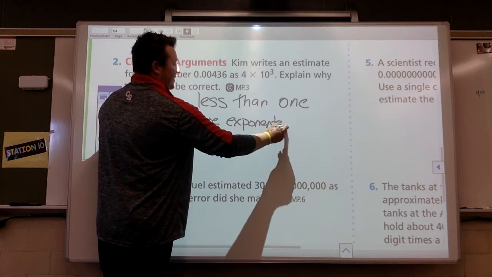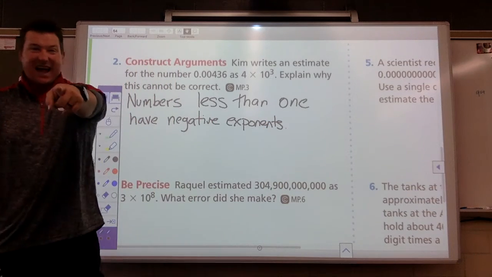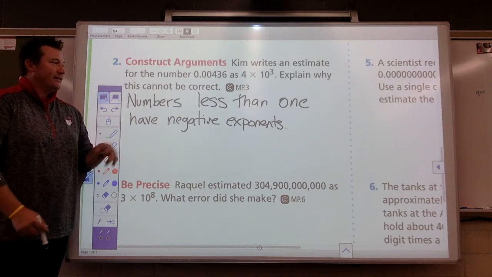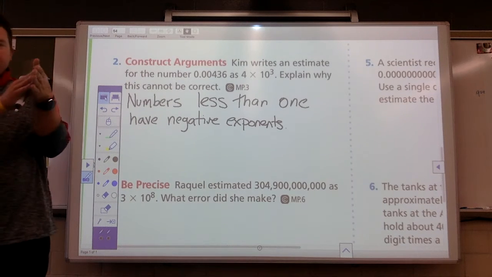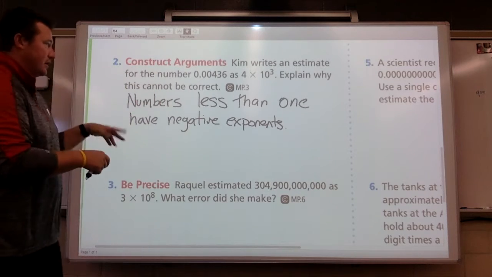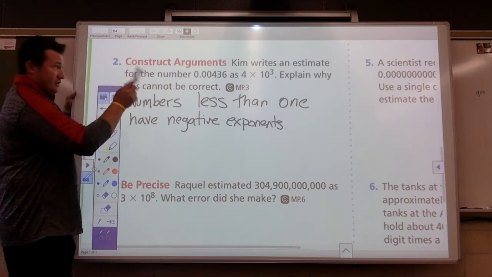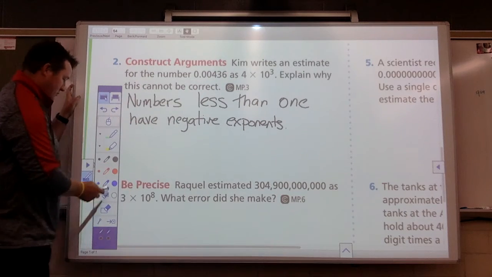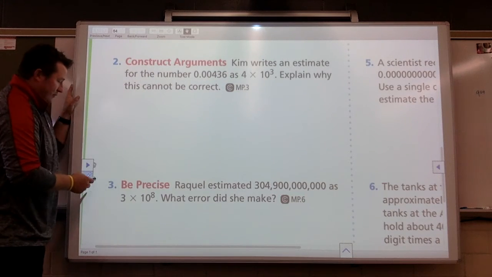You thought you were done with negative exponents. Ha ha! Tricked you. Okay? But yeah, numbers that are less than 1 but bigger than 0 should all have negative powers. So this should be 4 times 10 to the negative third power. Come on, Kim, you're better than that.